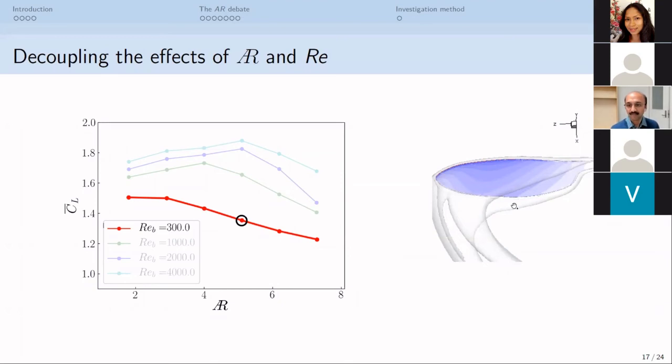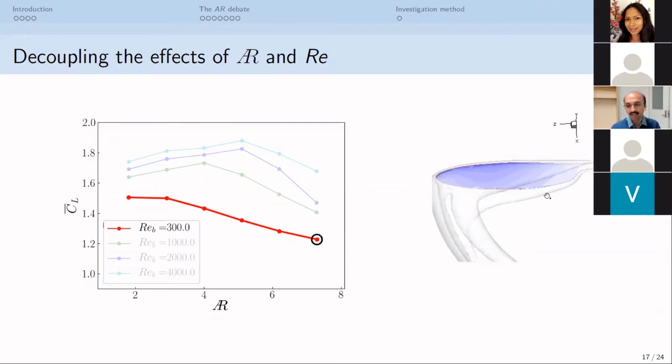And those are detrimental to the suction magnitude acting on the surface. And therefore, the lift coefficient is in fact reduced. And if we further keep reducing the wing chord to increase the aspect ratio, then the lift coefficient keeps reducing further. So this is at a lower Reynolds number, which has a very large vortex structure.